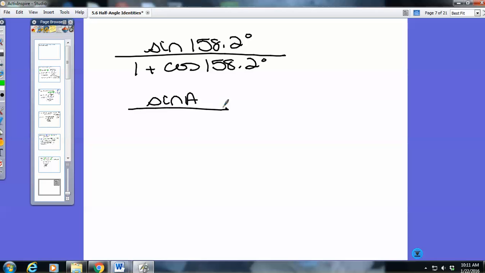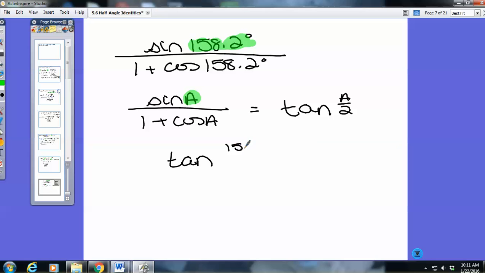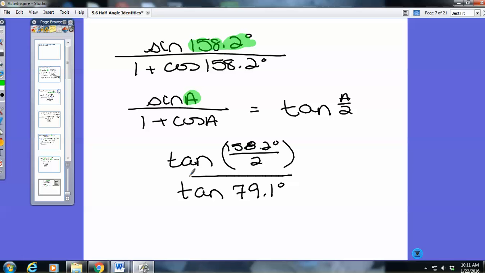We have a formula that says sine A over 1 plus cosine A equals tangent A over 2. Do I have to do anything special to make this formula line up? No. You gotta know what A is. So my A is 158.2 degrees. So this would give me tangent of 158.2 over 2, what's it equal? 79.1. And can we evaluate that one? No, so that would be your final answer. Okay, just put it in the calculator.